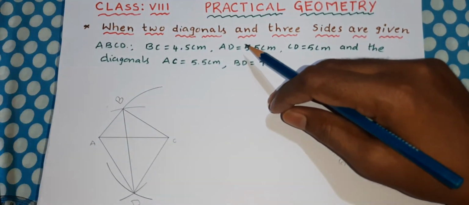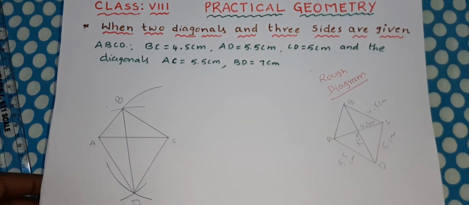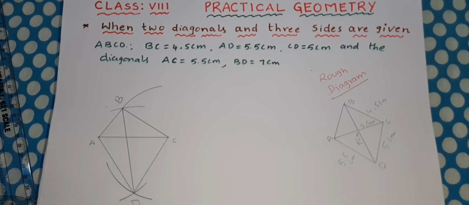Right, ABCD is the required construction. Is this clear, children? So here ABCD is the required construction.